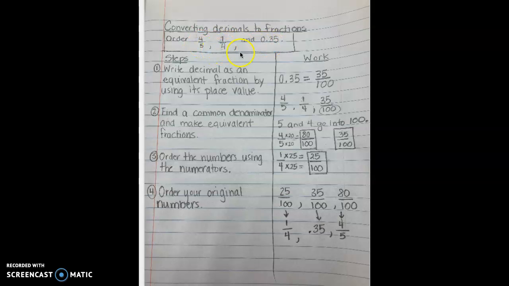Since we already have two fractions, we're going to make them all fractions, and we need to find a common denominator. Your first step is to take your decimal and write an equivalent fraction by using the place value. Notice that the 5 is in the hundredths place, so we're going to put 35 over 100.